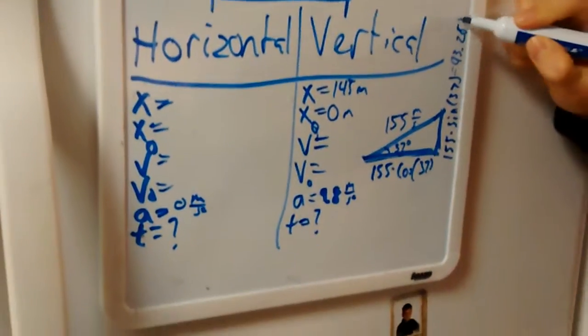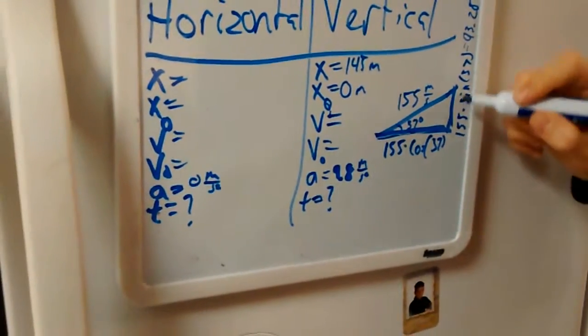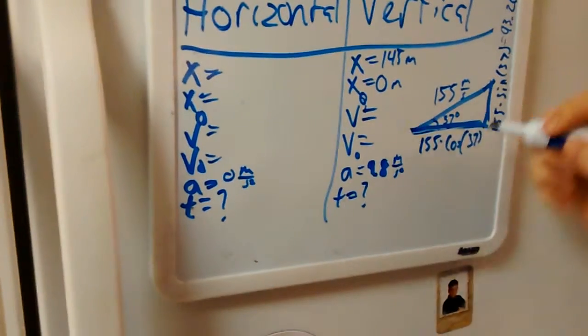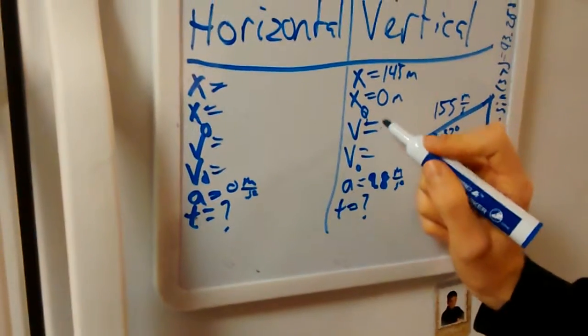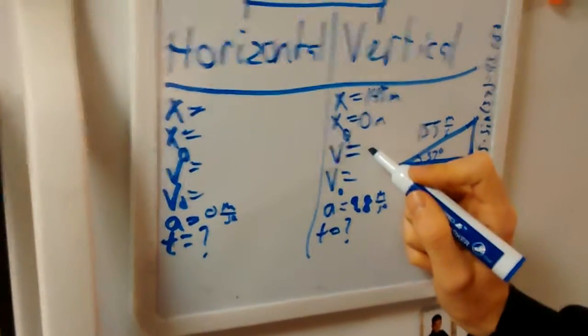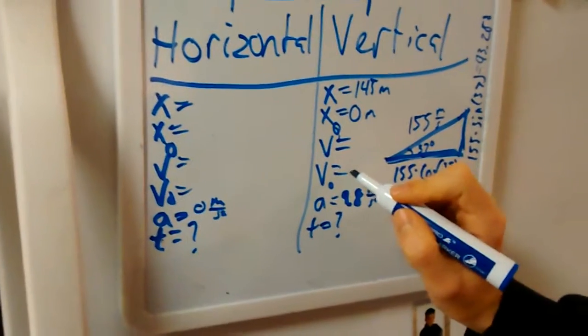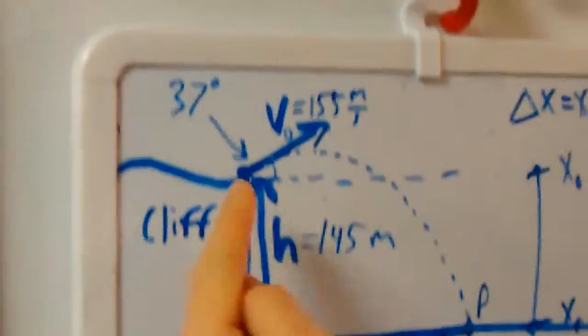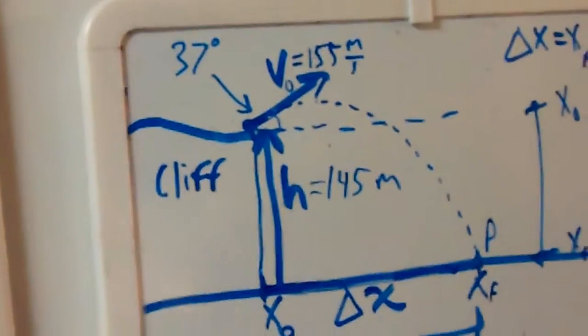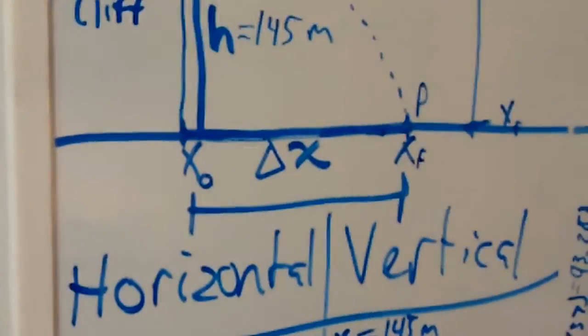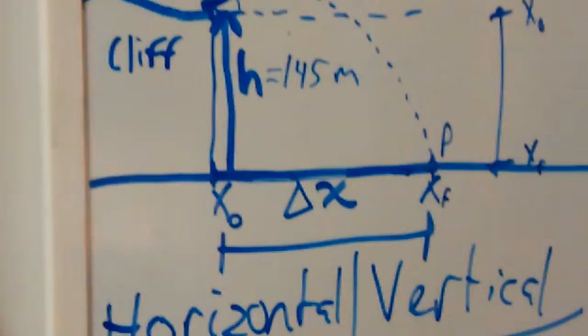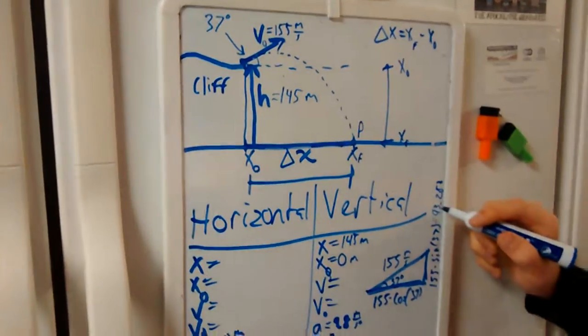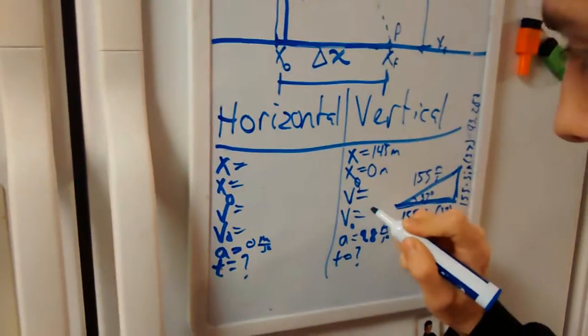Before we forget, we know this is the vertical velocity, so let's put this here under vertical. By the way, this is the initial velocity, because you're looking at the velocity when the projectile just starts to be launched. So the initial velocity, vertical, is 93.281. Let me write that down.